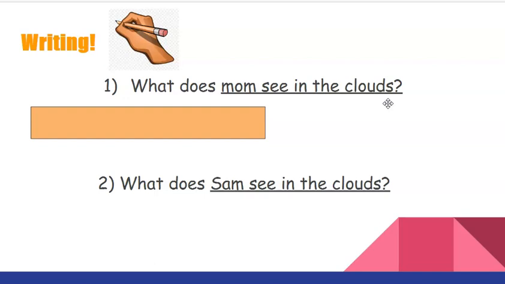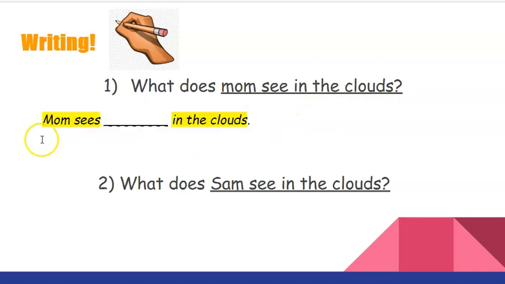Remember, when we restate the question, we use the words from the question in our answer. So my question was, what does Mom see in the clouds? When I'm answering, I'm going to say something like, Mom sees in the clouds. Do you see how I'm using the same words from my question to help me answer the question?